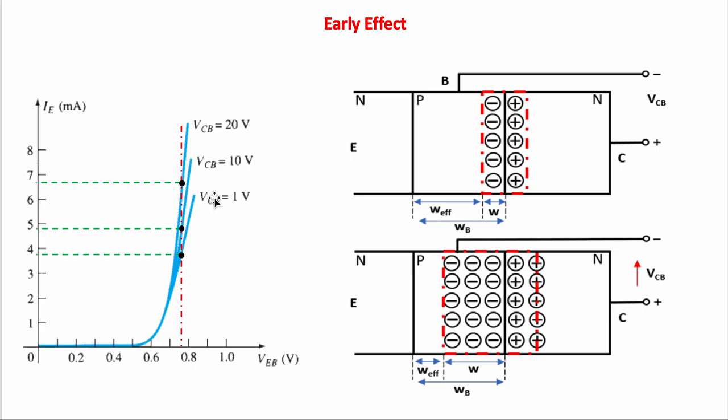But if we increase the output voltage to 10 and 20, we observe higher input currents, as we see here. So this basically tells us that if we want the same input current as over here, we have to apply smaller, or earlier, input voltages, which I think gives the name of this effect.